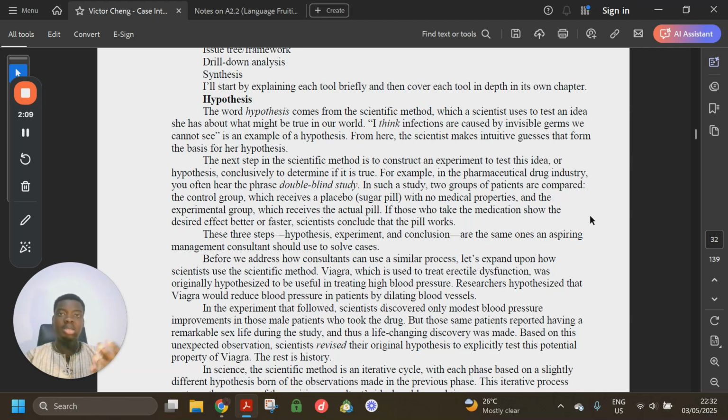So maybe it's just a syringe filled with water or some sort of vitamin, which is not relevant to the disease being treated. And then they split their users into 2. Those who have the actual drug and those who have the placebo. Now, if there is a significant change between those who use the actual drug and those who used the fake drug, then the scientists can conclude that the drug works in curing that ailment or disease. So that's called the double-blind study.